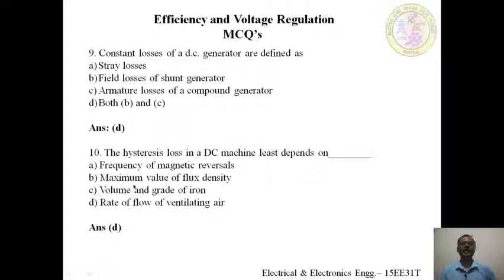According to Steinmetz, WH is given by B maximum to the power of 1.6 into F into V watts, that is volume, frequency and maximum flux density. The answer is D.